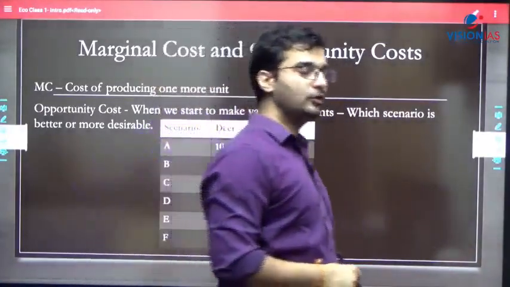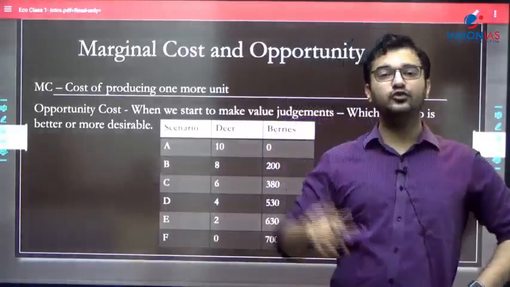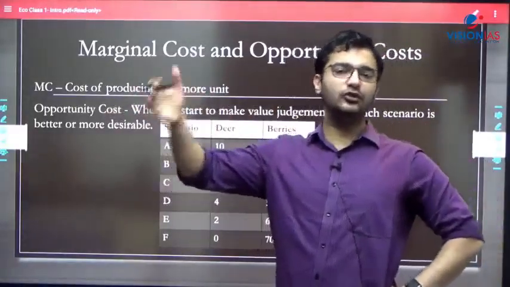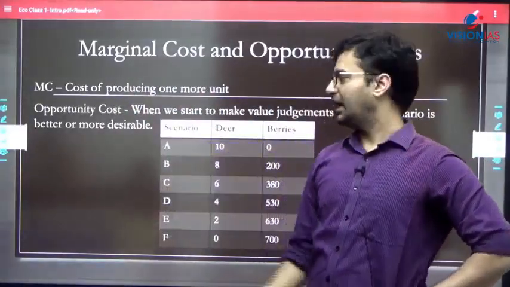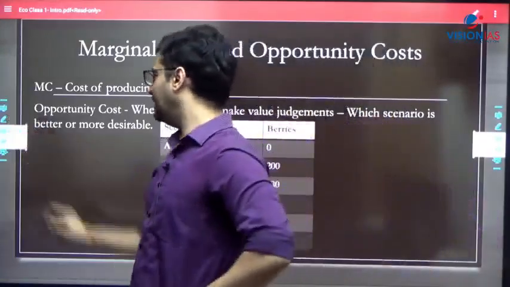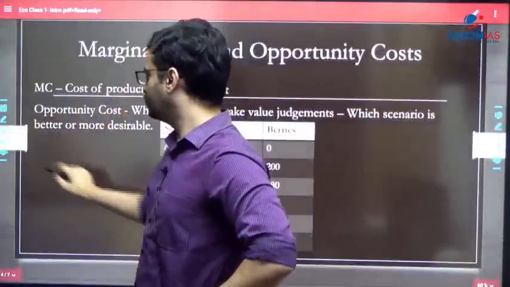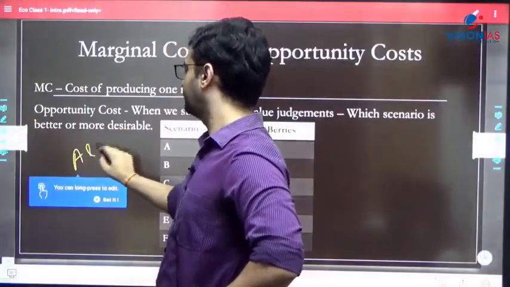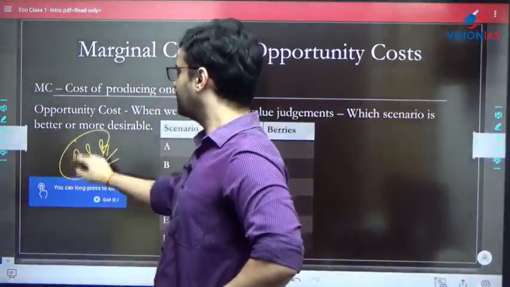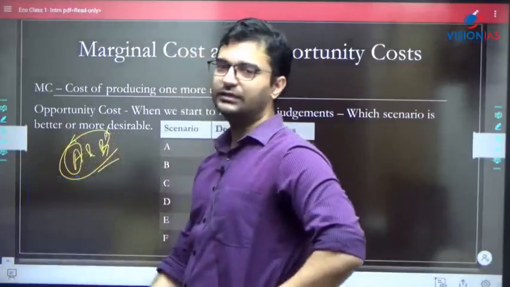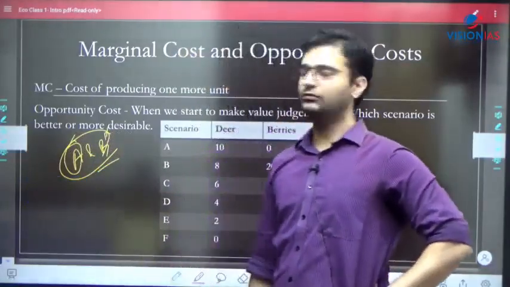Opportunity cost. What is opportunity cost? I have chosen something. That means I have not chosen something else. I had to choose between A and B. And when I choose A and not choose B, there is some benefit that I forego.